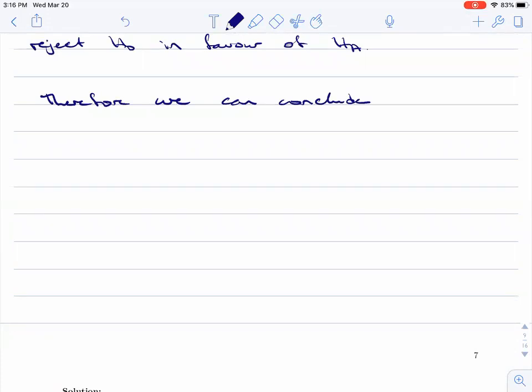No. Therefore, we can conclude, I'll just say sigma known problems are, I don't know, the least preferred. That doesn't really make, you guys know what I mean. The least preferred question type.